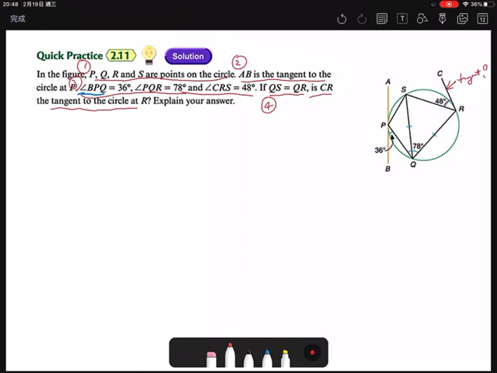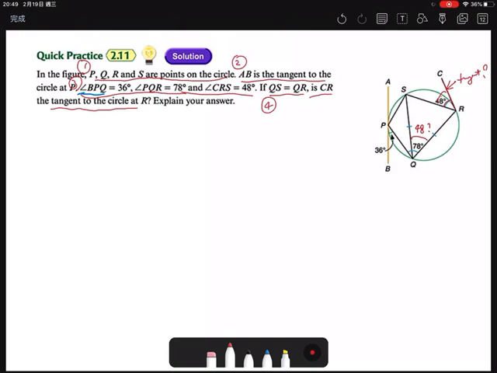If we prove angle SQR is 48 degrees also, then these two angles are equal at 48 degrees, and then you can prove that CR is a tangent to the circle. So now we try to prove whether angle SQR is 48 degrees or not.